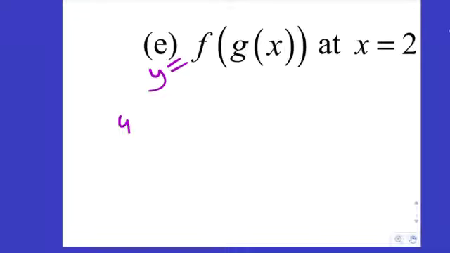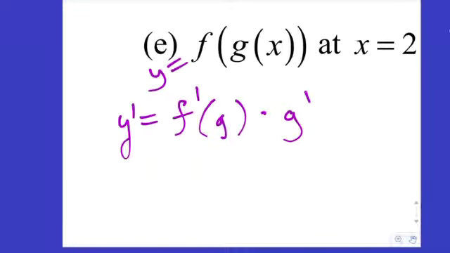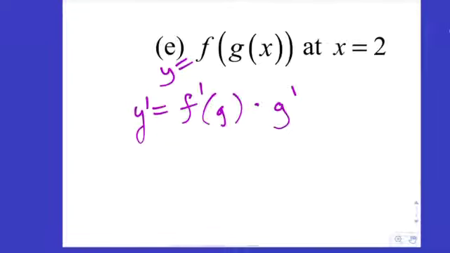All right, so Y prime. How do we take the derivative of this? This is a composite function, right? So it's chain rule. Work from the outside in. F prime of G times G prime.